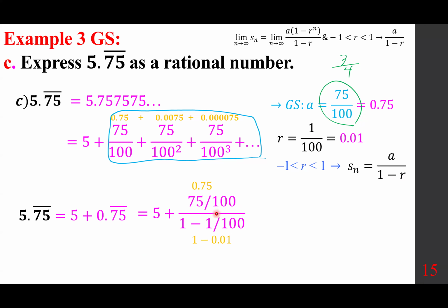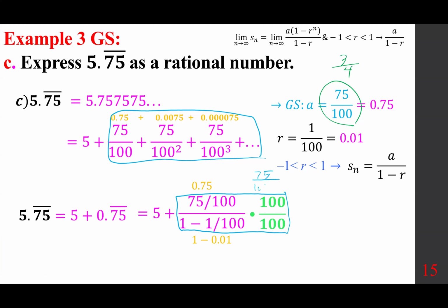This, again, is a complex fraction. You multiply by the LCD, namely 100, the top and the bottom. The numerator becomes 75.